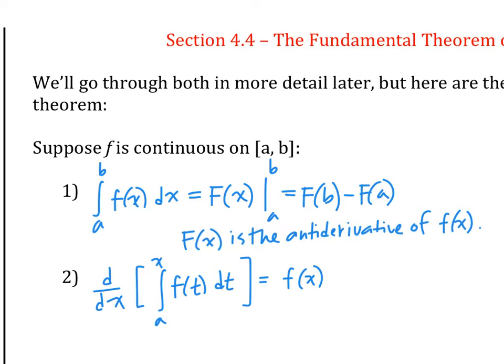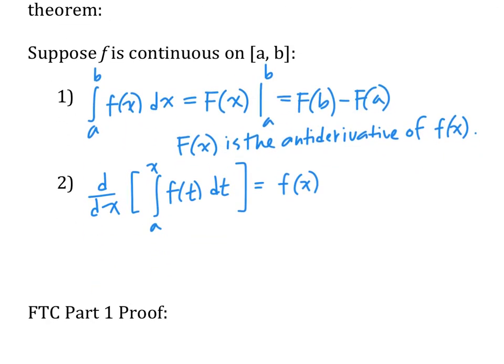Okay, part 1. What does this mean? Okay, kind of a proof, but mostly just to explain to you what it actually means. So part 1, if you look at the equation here, the integral from a to b of f of x dx, just that part. What does that part mean?